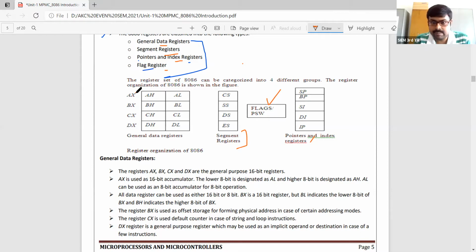So SP, BP, SI, DI, IP, these are the different pointers as well as index registers. P means pointer. So SP and BP, if you see the notation, are the pointers, and SI and DI, these two terms, are called the index registers. IP is a different part. We will see the different portions of the different operations.